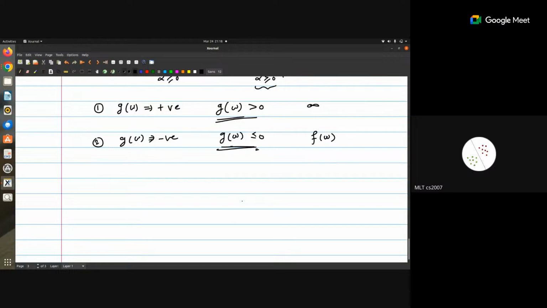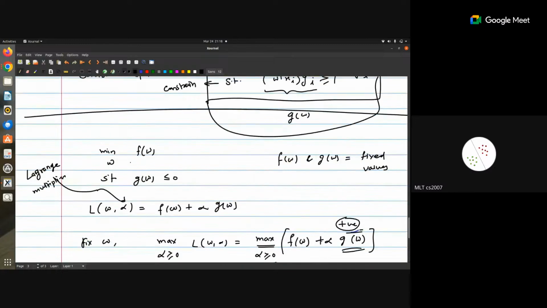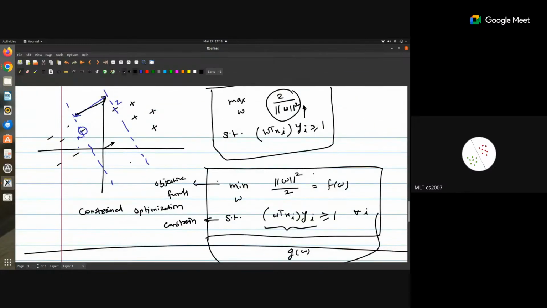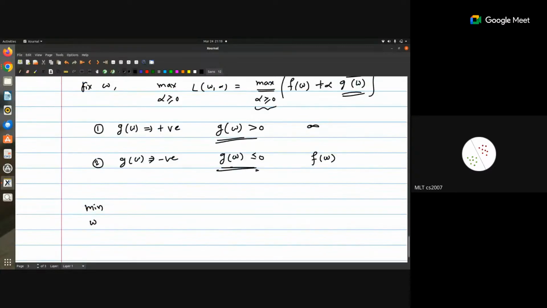So I need a minimum w, right? Why do I need a minimum w? Because this problem has to be solved at the end, so it has to be as minimum as possible. But from where should I pick? Shall I pick through this part, or through this part?